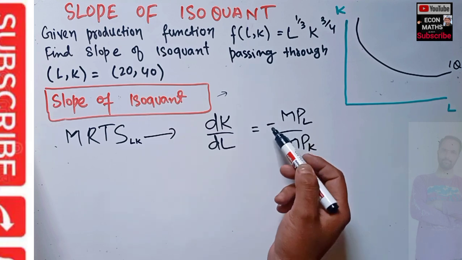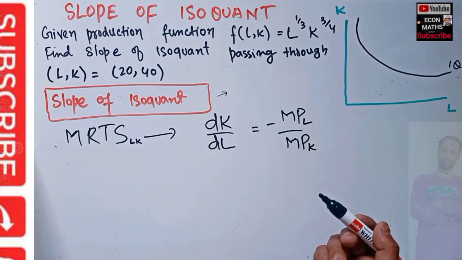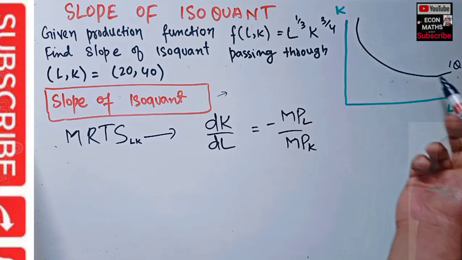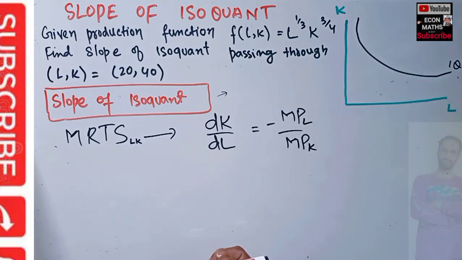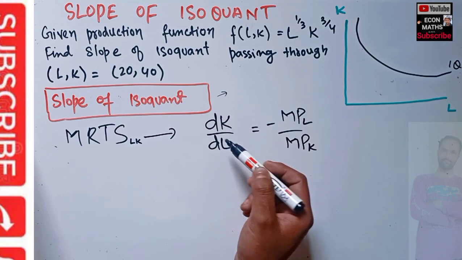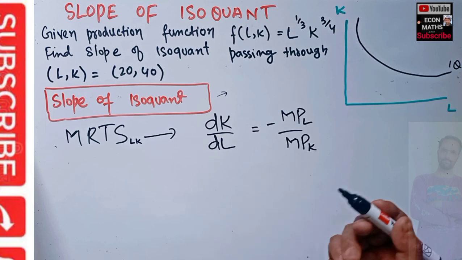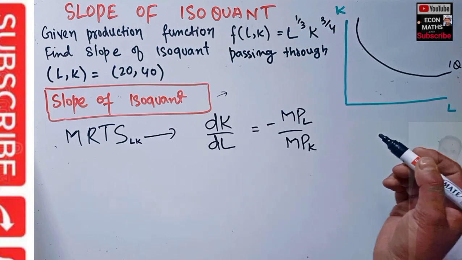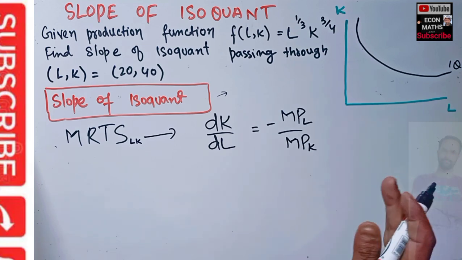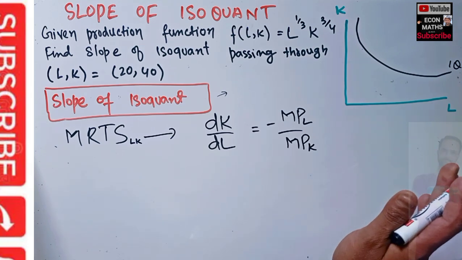This negative sign shows that we have a negative slope here. It shows us that if we want to increase the units of labor, we have to decrease the units of capital, or simply how many units of capital we need to sacrifice for an additional unit of labor so that we get the same level of output.